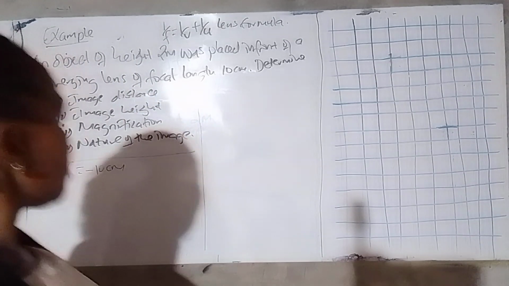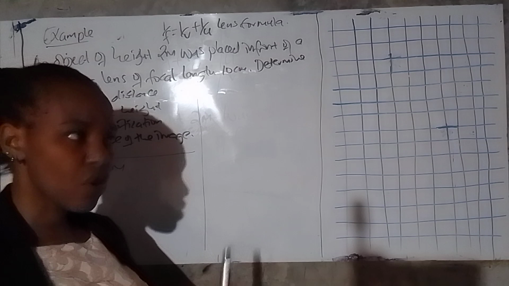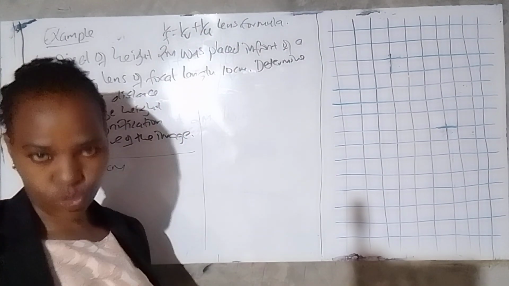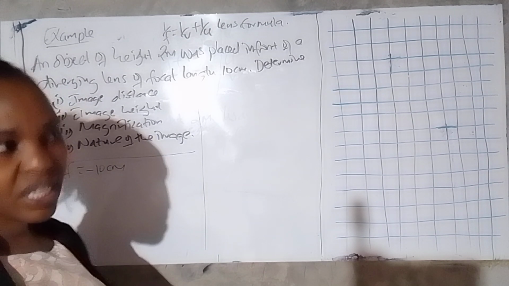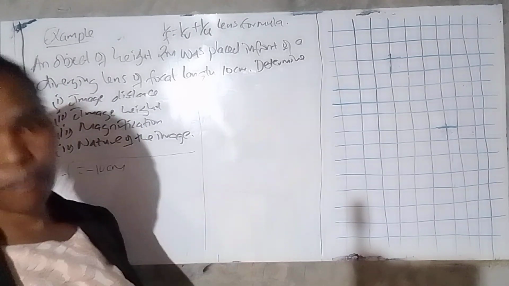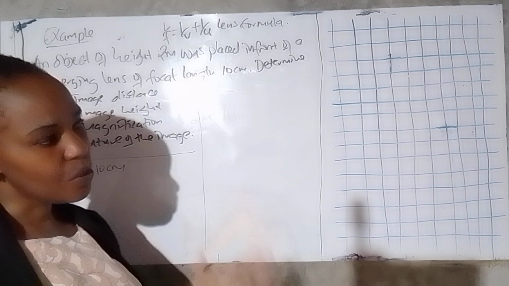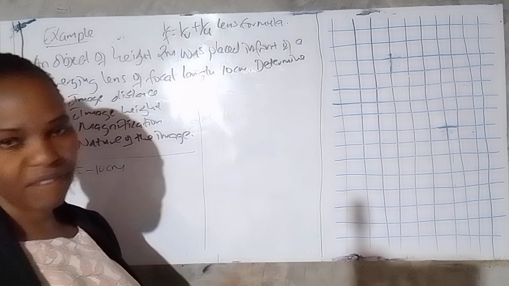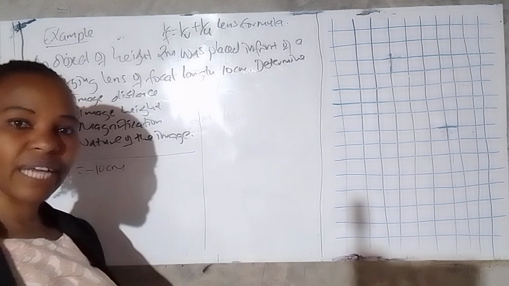Remember, we are using a diverging lens, and we said the focal point of a diverging lens is virtual. Rays do not go through the focal point, neither do they come from the focal point. They look like they want to go through the focal point, and they look like they are coming from the focal point after refraction by the diverging lens. So that focal point or principal focus is virtual.